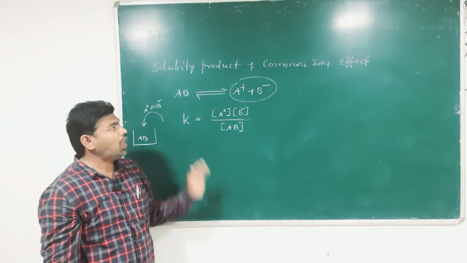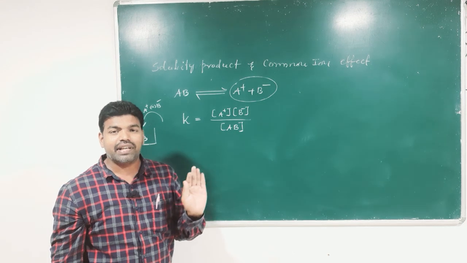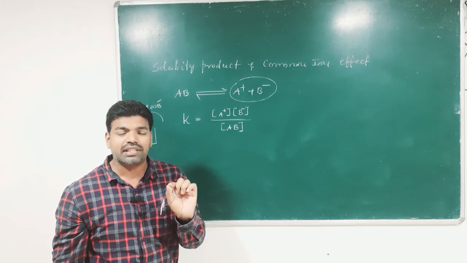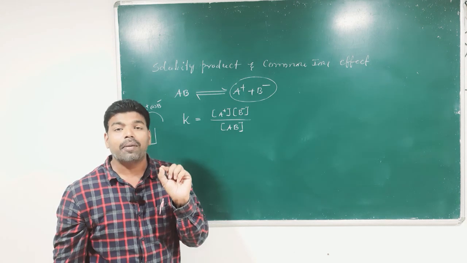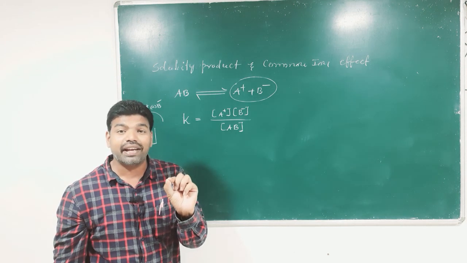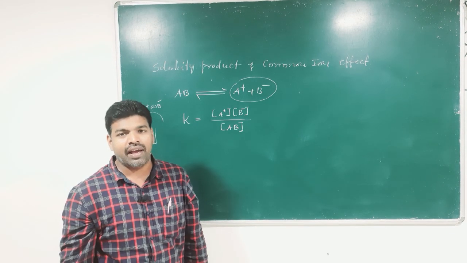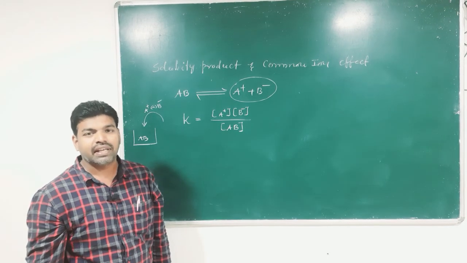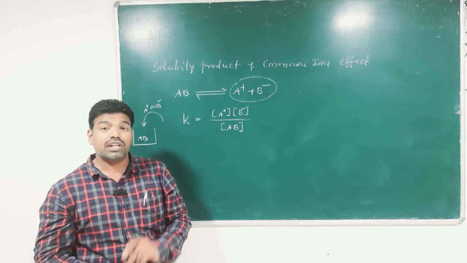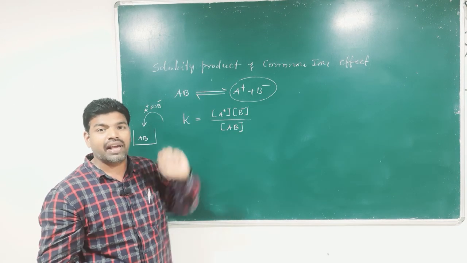So, common ion effect is the suppression in the degree of dissociation of a weak electrolyte by adding another electrolyte containing a common ion. I hope you all understand these concepts. In the next video, we shall do problems on the solubility product and common ion effect together.